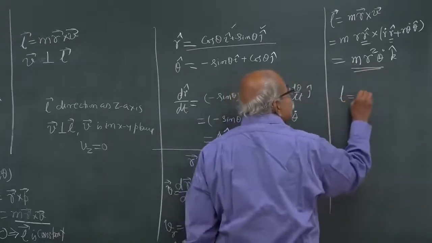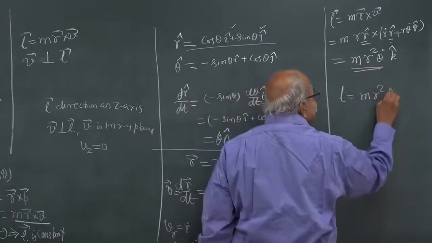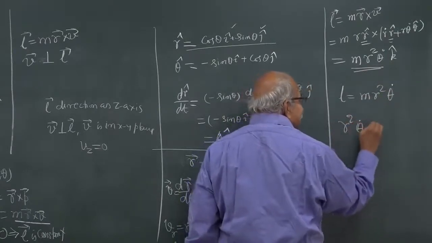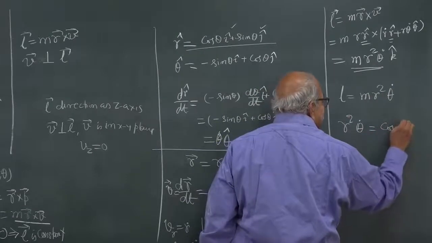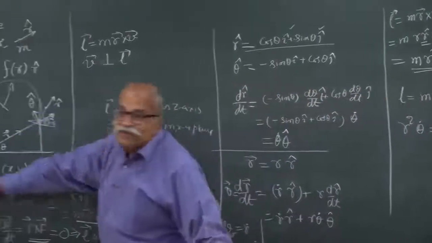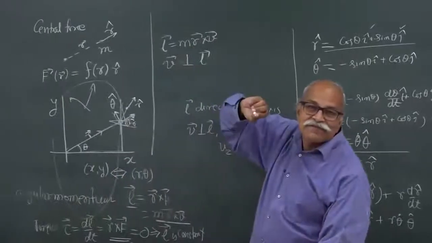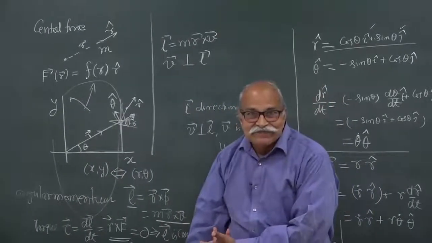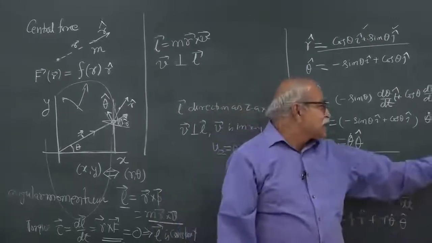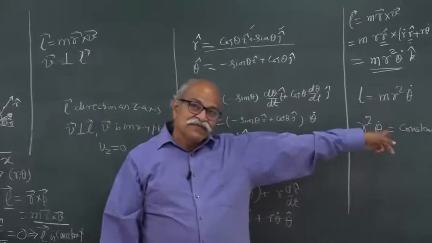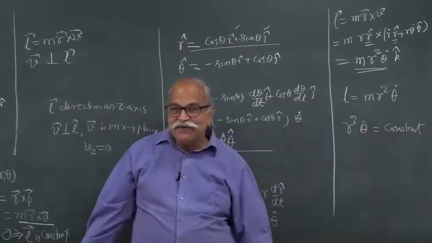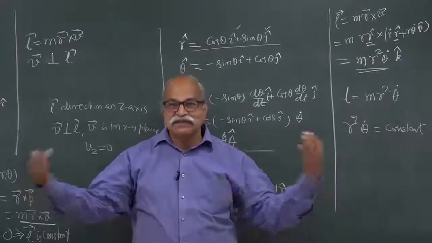So, L is equal to m r square theta dot, and this is constant, meaning r square theta dot is constant. This particle may go somewhere in this plane, r is changing, theta is changing, theta dot is changing, but r square theta dot must remain constant. So, we will take it from here, we will talk much more about central forces.